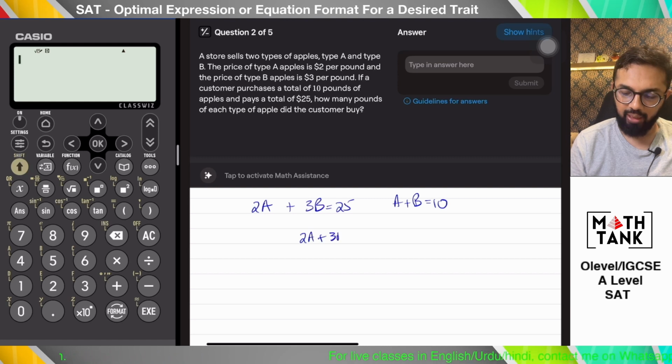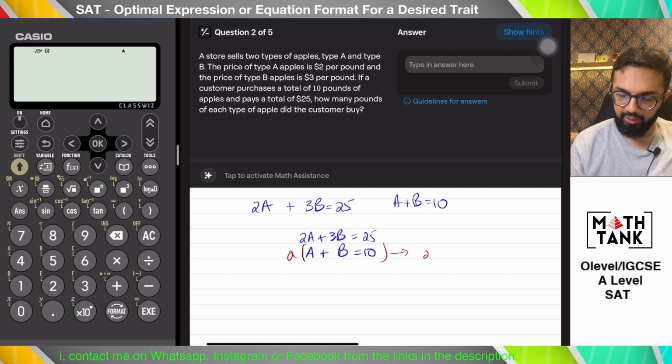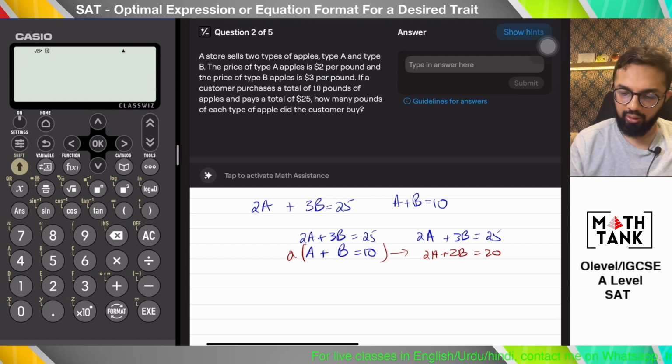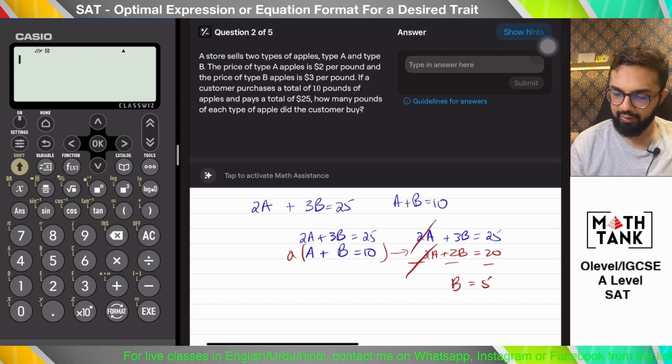I'm just going to solve it manually with elimination. So I'm going to multiply this entire equation by 2. So that becomes 2A plus 2B equals 20. The first equation comes up as it is. I put a subtraction sign. So B comes out as 5.